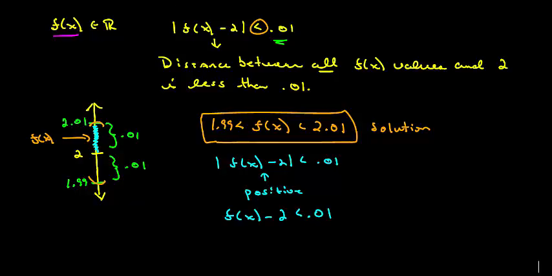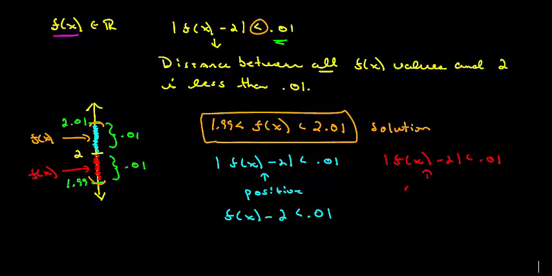The other option is that the guy on the inside is negative, meaning that it would be over here. So think about it. Over here, if you grabbed an f of x value right in here and took any number in here and subtracted 2, it would be a negative number because these guys are all smaller than 2. So this would have to be negative.